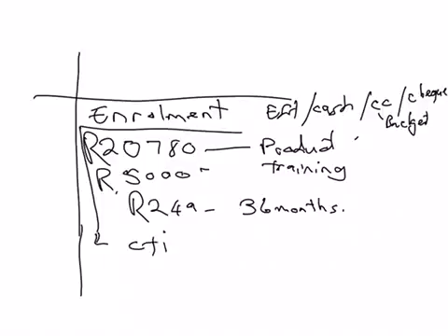CTI is our sister company that helps people that don't have the funds available immediately, to qualify them and help them out by lending the money to them and you paying them back. So CTI will fund you the 20,780 Rand for the package, and also the 5,000 Rand should you require it.